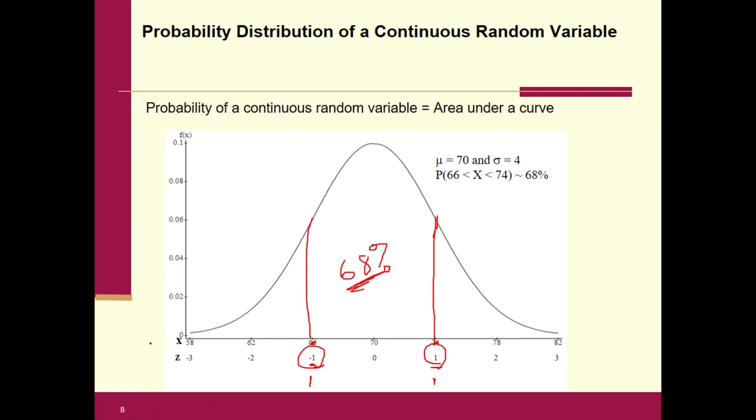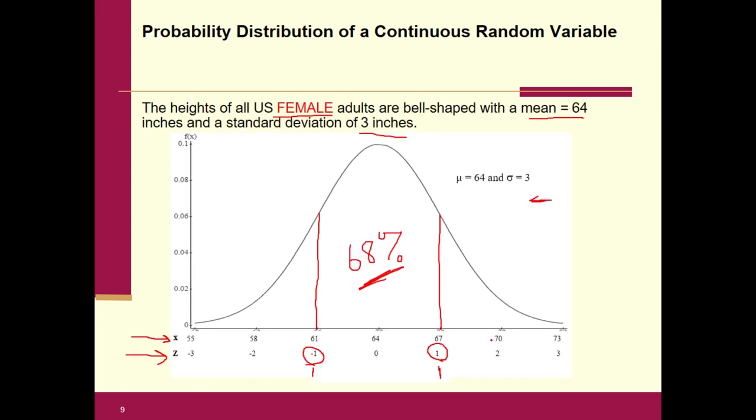We're not going to make a table that has a mean of 70 and a standard deviation of 4, okay? We're going to make a table that is just a bunch of z-scores. And all we have to do is convert x into z. And you've already done that back in chapter 2. So that's the solution, okay?